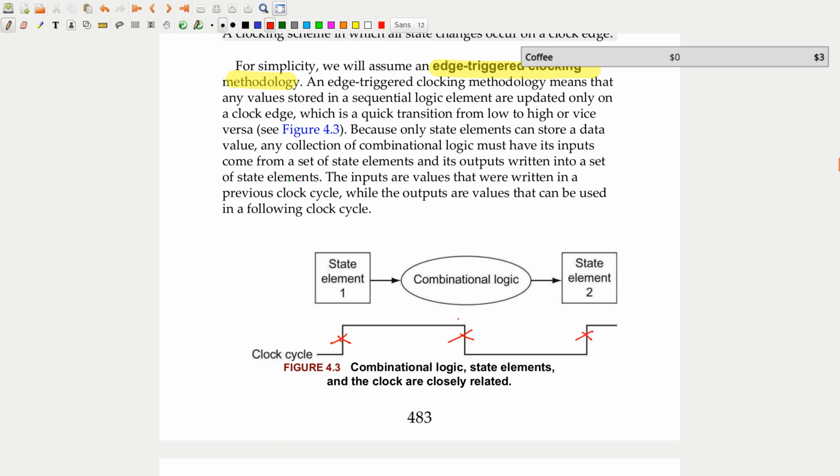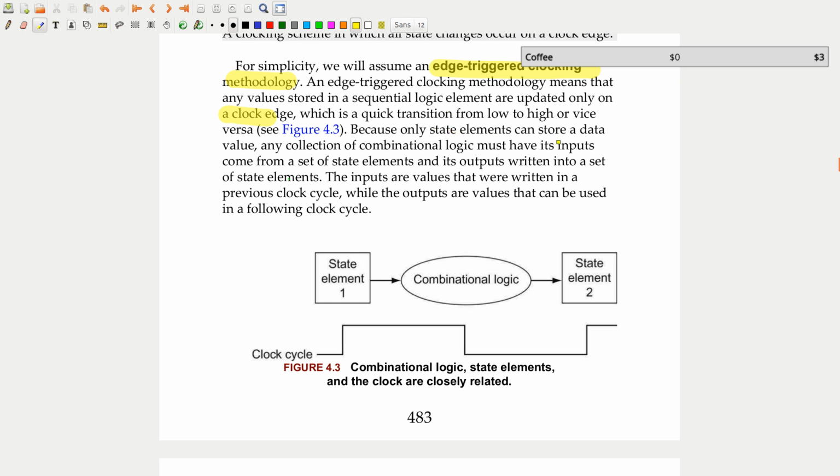We'll pick one of these and we'll only do changes on that one edge. An edge-triggered clocking methodology means that any values stored in a sequential logic element are updated only on the clock edge. So we only do things on the clock edge.